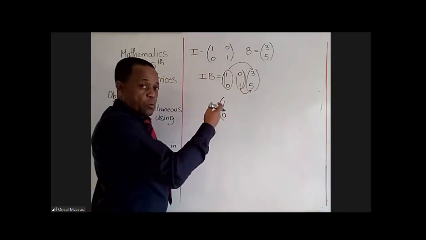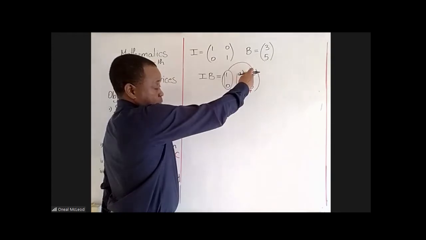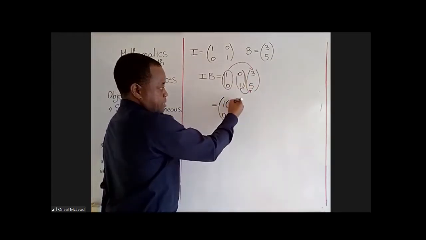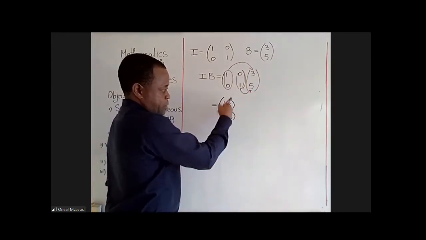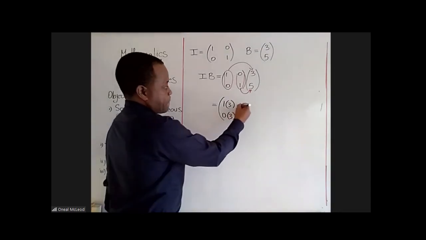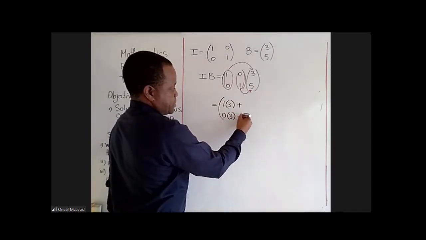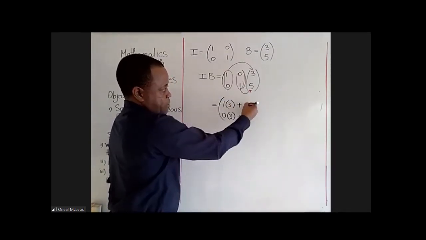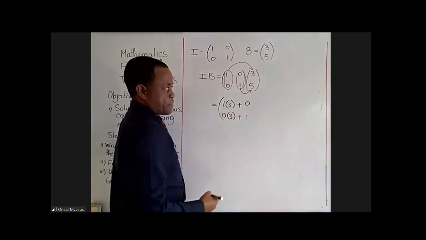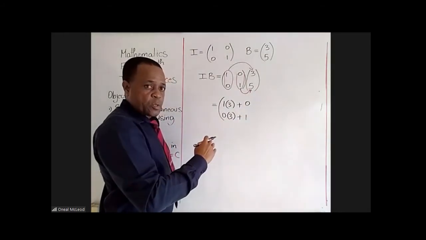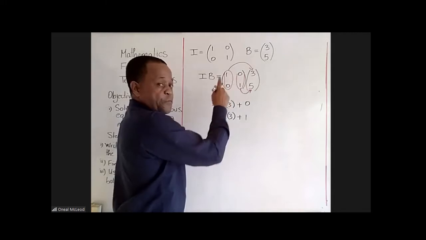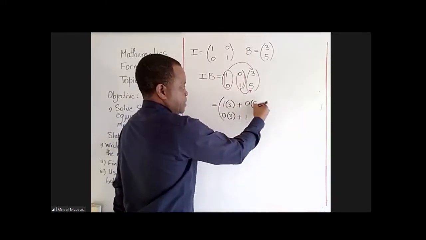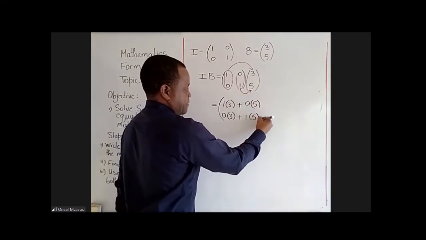Now, what did we distribute 1, 0 to? We distributed to 3. So you multiply both of them by 3. Plus, we're taking down the 0 and the 1. What did we distribute those two to? We distributed to 5. So both of them must be multiplied by 5.